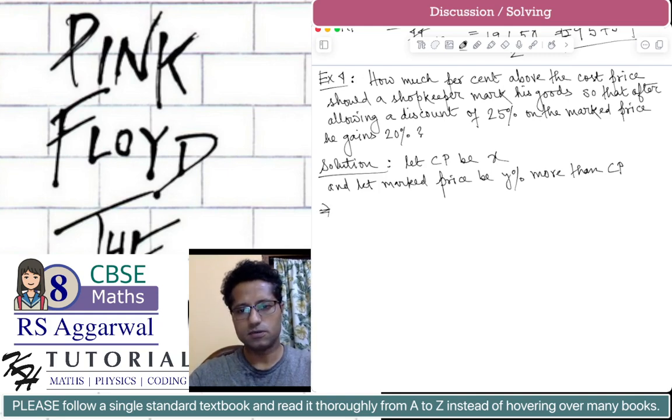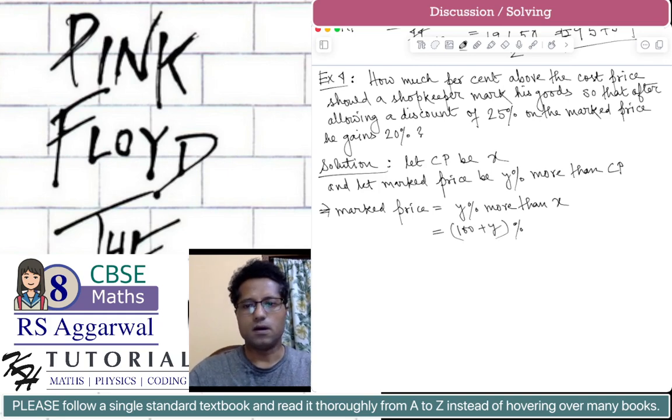So the mark price will be Y% more than X, because X is the cost price. Y% more than X means 100 plus Y percent of X. This is equal to (100 plus Y) divided by 100, multiplied by X. So this is the marked price.